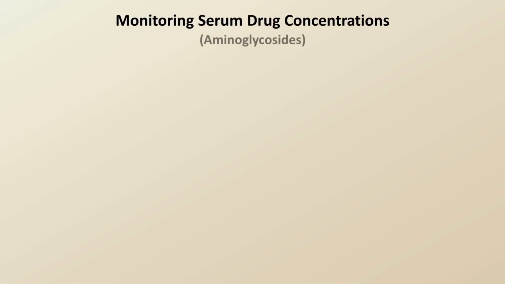When it comes to the aminoglycosides, serum drug concentrations should be routinely monitored in all patients. Unlike vancomycin, whose antimicrobial activity is time-dependent, the aminoglycosides' activity is concentration-dependent, which means that it is dependent upon how much higher the concentration gets above the minimum inhibitory concentration.